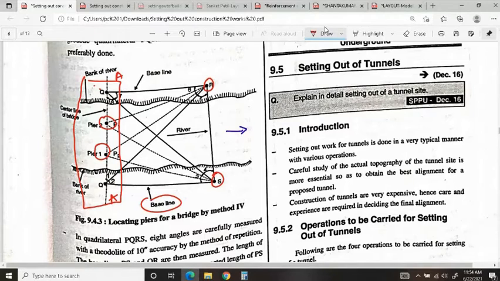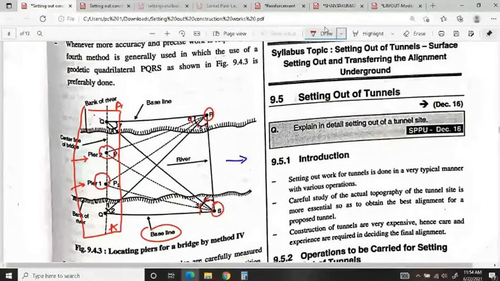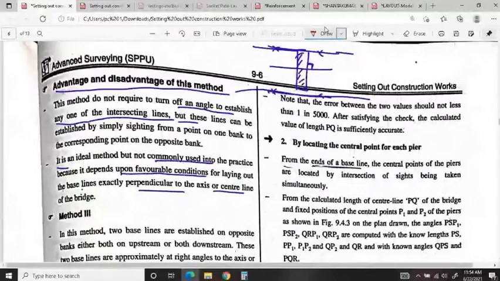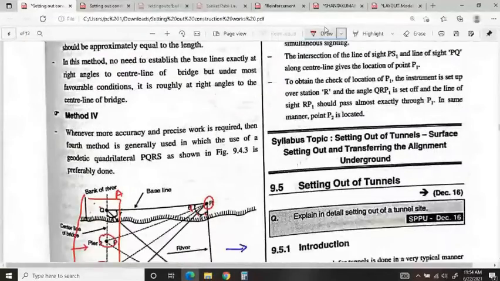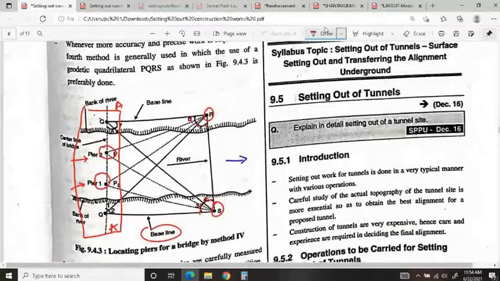From here, baselines we are taking, again we are taking the angles to locate these piers positions. The procedure is the same. You can understand the first two concepts, the remaining are the same. Just go through this method. It is very simple.